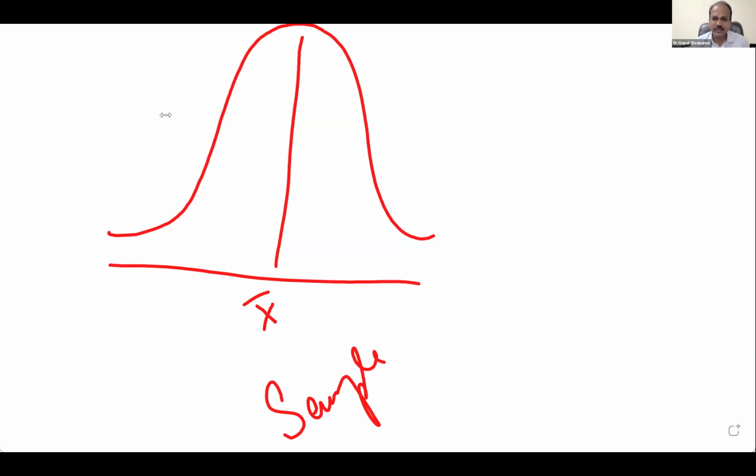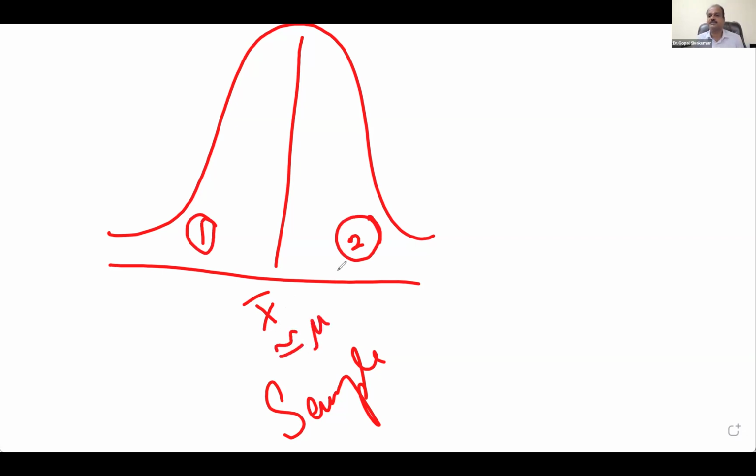Now, how can you do that? You have to take the sample in a clever manner. How? If you can take only two samples, you must take one from here and another one from here. The second sample should come from the right side. Yes or no? If I take one sample from the left side of the population, another sample from the right side of the population, then x bar can be more or less equal to mu.